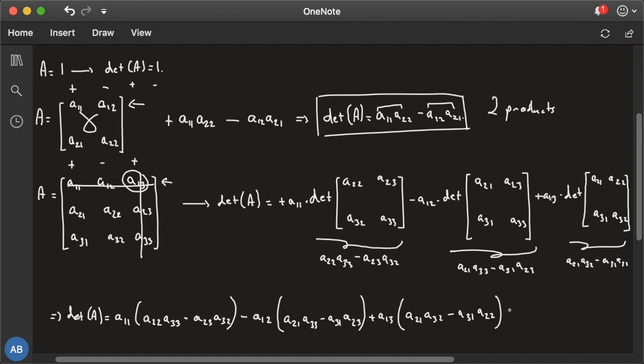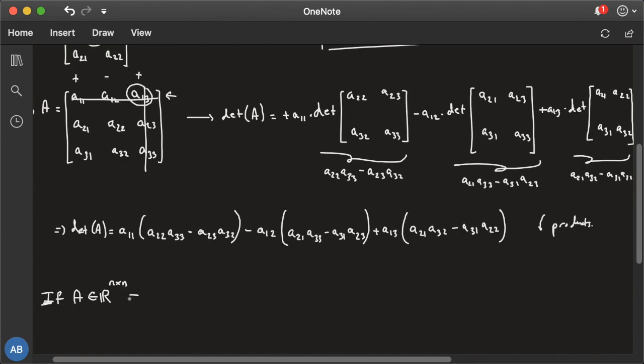In a 3 by 3 matrix, here you've got 2, so A11 A22 A33 and A11 A23 A32, and 4 more, so 6 products. In general, for an n by n matrix, if A is n by n, then the determinant of A is formed through n factorial products.